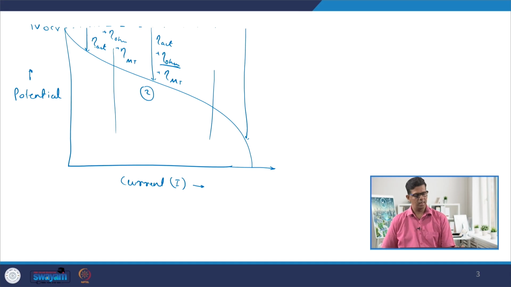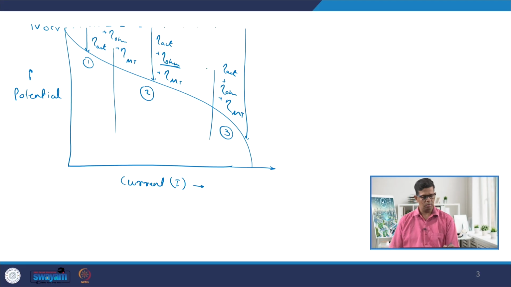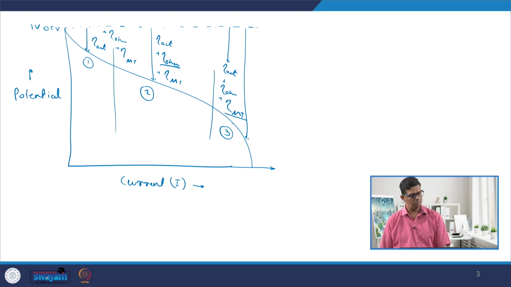However, the first loss, that is activation loss, dominates, and coming to the third case, again we have these three losses, eta activation plus eta ohmic plus eta mass transfer. Again we have all those losses coming up. So, the last loss, that is mass transfer loss, dominates in the third case, and that is one of the reasons why we have a sudden drop in the potential.